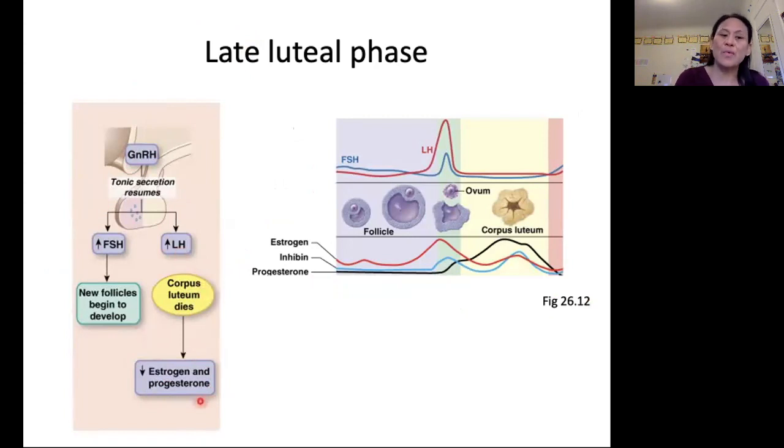So without that negative feedback, we are now free again to make FSH and LH. And as a result, we are going to stimulate the development of new follicles. So basically, we are ending the menstrual cycle and re-entering the next menstrual cycle. So we're re-entering the follicular phase by recruiting new follicles.